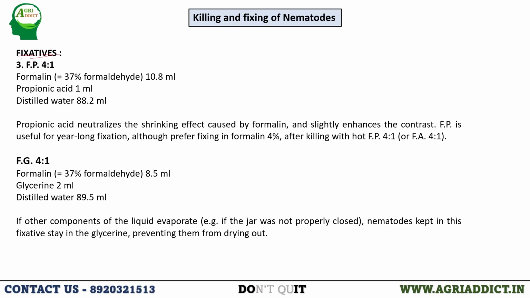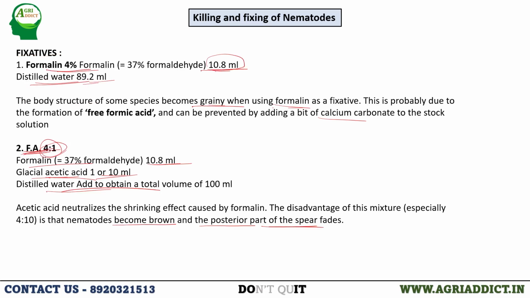Next fixative is FP, that is formalin and propionic acid, that is 10.8 ml of formalin will be added, and 1 ml of propionic acid will be added, and distilled water will be added in the remaining part. As I told in the previous fixative agent, formalin and glacial acetic acid, the only disadvantage of this mixture is that it becomes brown and the posterior part of the spear fades.